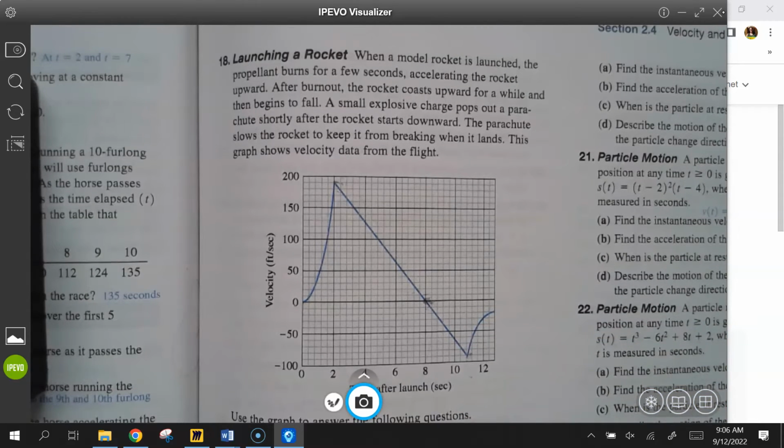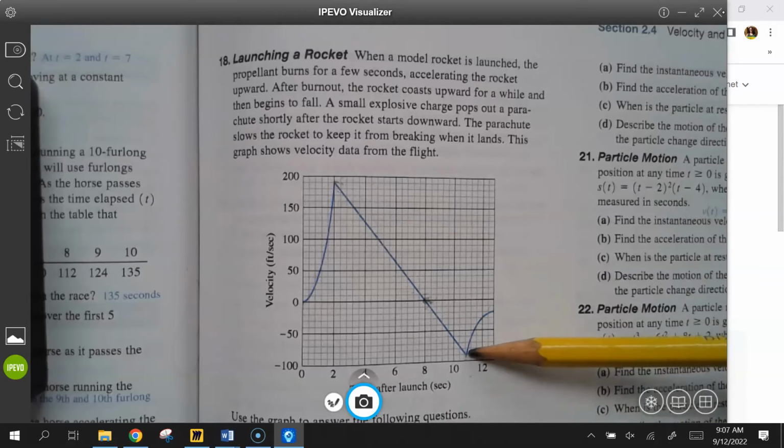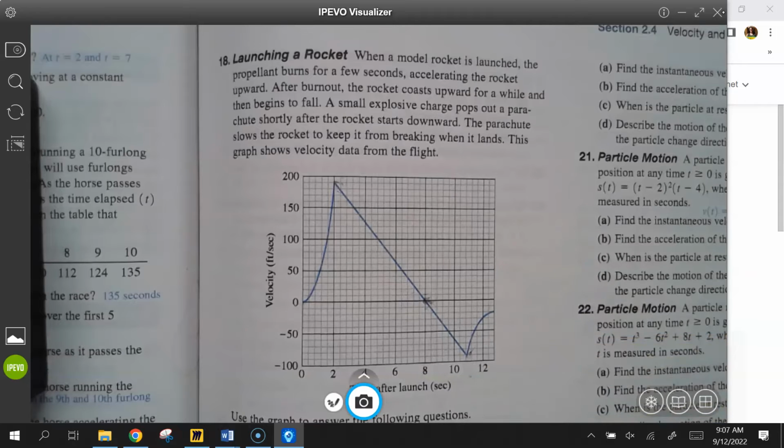How fast was the rocket falling when the parachute popped out? Because I said how fast, I'm talking about speed, so it'd be 90 feet per second. That's exactly right. The velocity was about negative 90 feet per second, but the speed would be 90 feet per second, right?